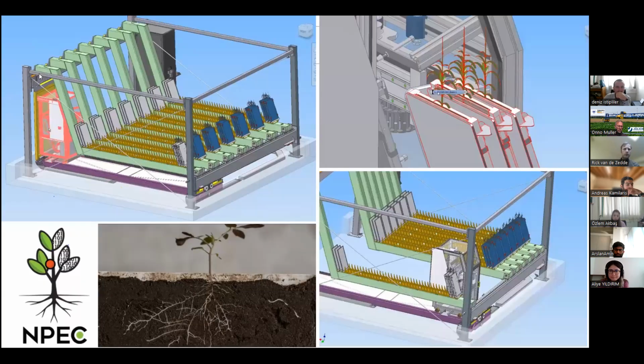So it's a small chamber, 4 by 5 meters, with 300 plates stacked here, tilted with a certain angle, and the shoot is growing above the plate, and the root is growing along the glass plate in the dark downwards.